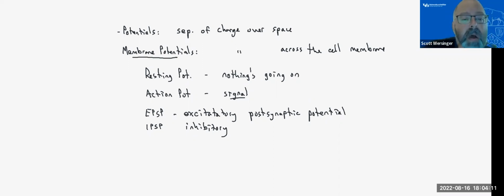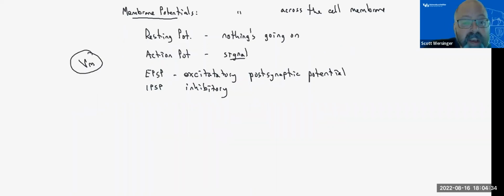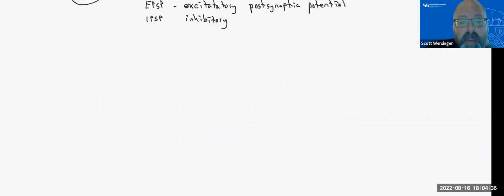The abbreviation for this is V sub M. Potentials are measured in volts. In neuroscience, we actually measure in millivolts because they're very small. But V sub M is the term that we use for that. All right, so I have to get used to this new whiteboard, sorry. All right.